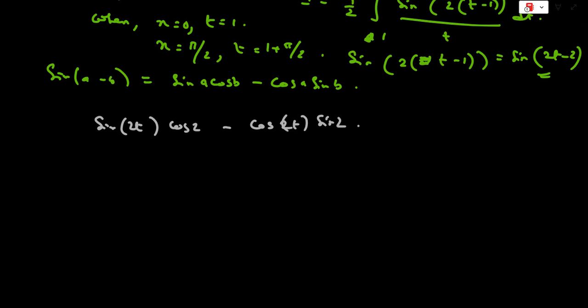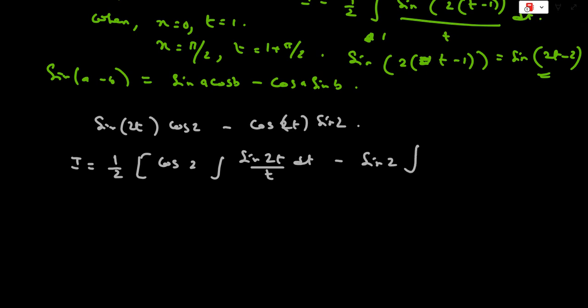Now split the integral. I is equal to 1 by 2 into cos 2 times the integral of sin 2t by t dt minus sin 2 times the integral of cos 2t by t dt, with limits 1 to 1 plus pi by 2.